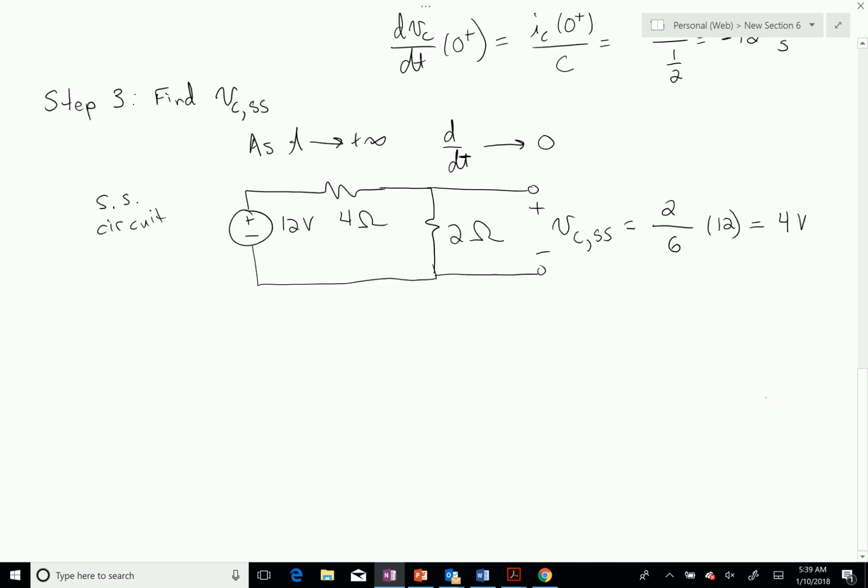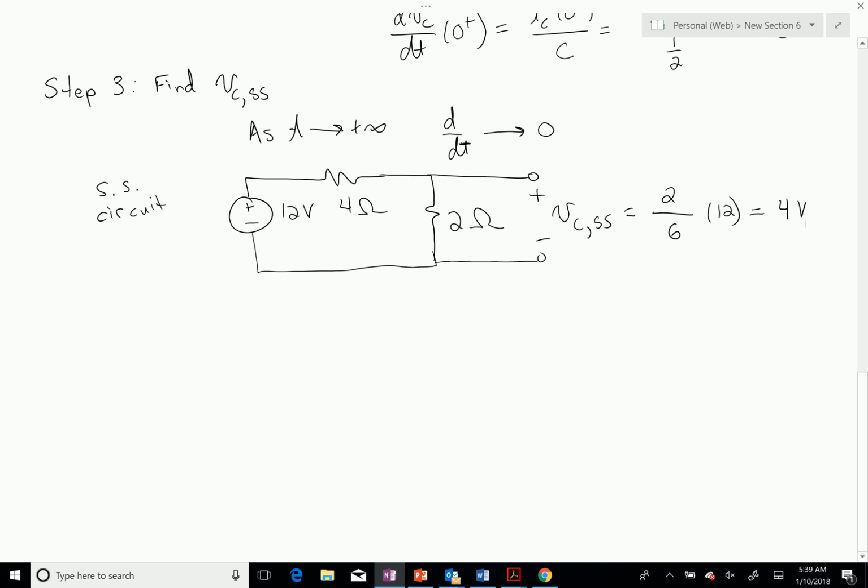Now I'm going to go to what I call my step 4, which is really the book's step 1, which is to write the differential equation, in this case for V sub c.